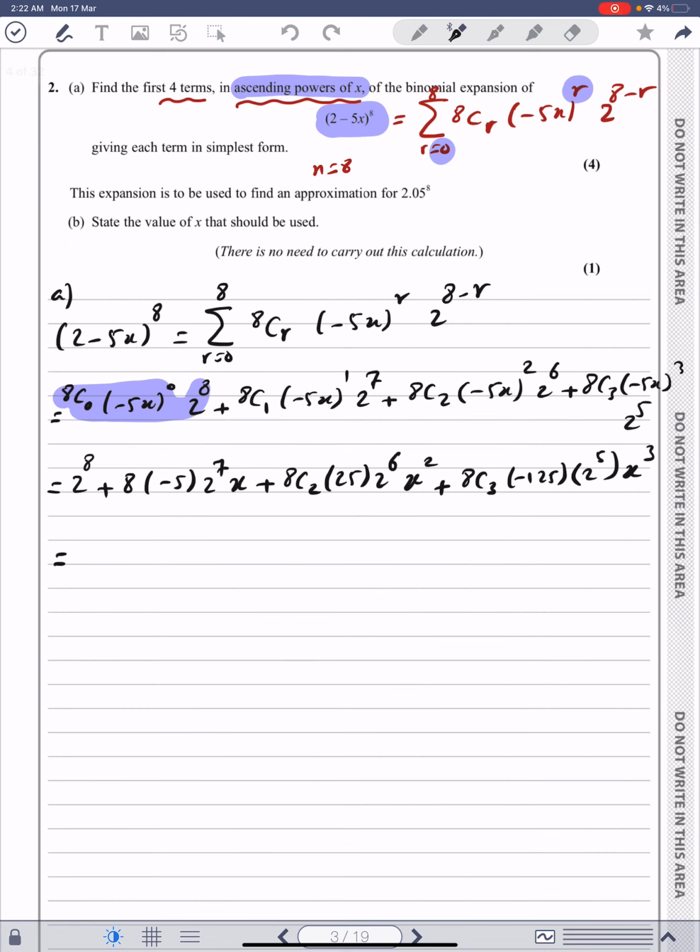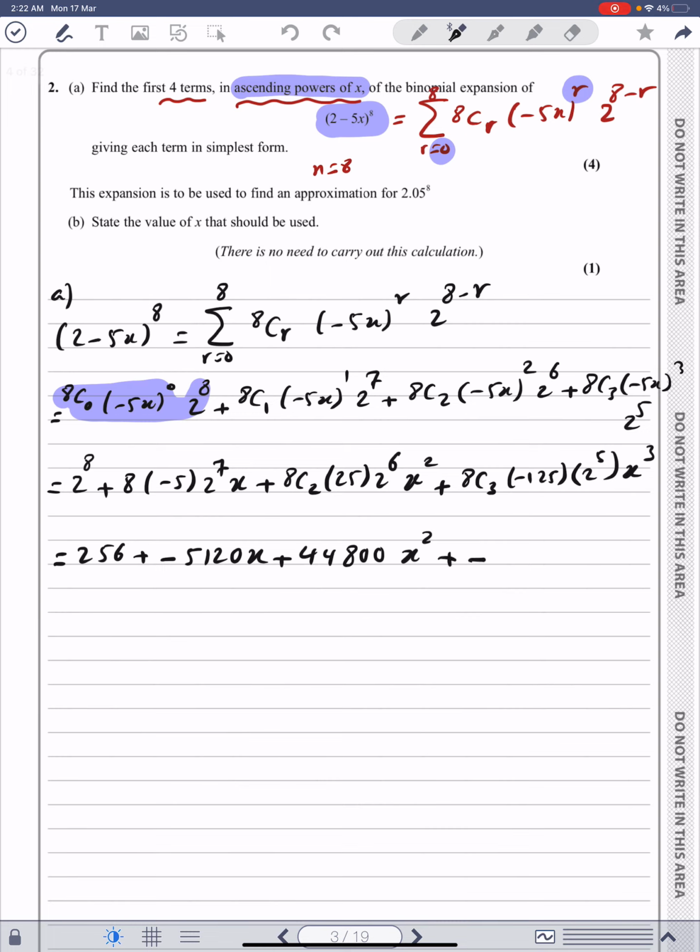2 to the power of 8 in the calculator is 256. 8 times negative 5 times this, using the calculator, minus 5,120x. Next term, or third term, 44,800 x squared.